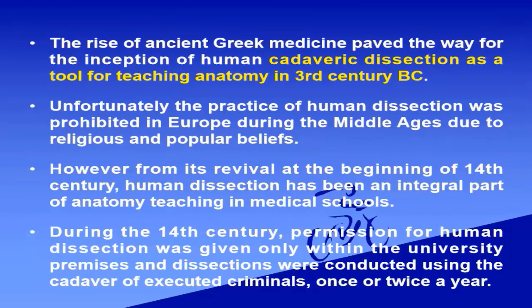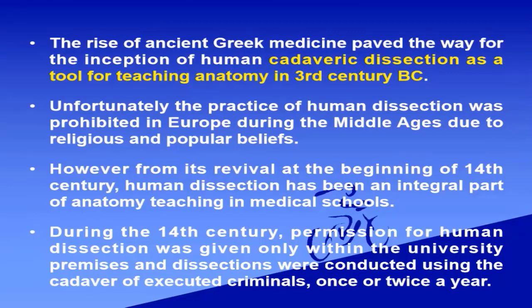Unfortunately, the practice of human dissection was prohibited in Europe during the Middle Ages due to religious and popular beliefs. However, it was revived in the 14th century, and from that point, human dissection began to have some prominence and became an integral part of anatomy teaching in medical schools.